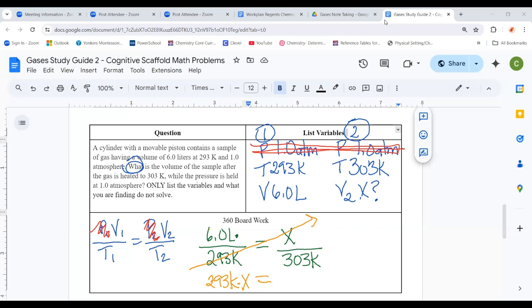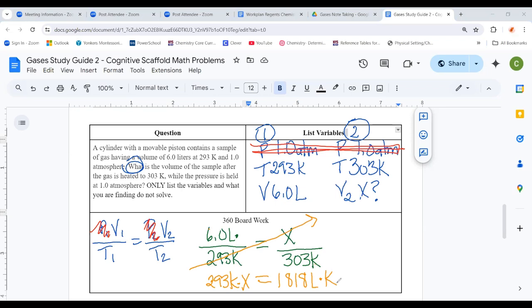I don't know why I keep getting 18 for everything when I do these calculations. So 6 times 303, I get 18. And my units are also multiplied here, liters times Kelvin.